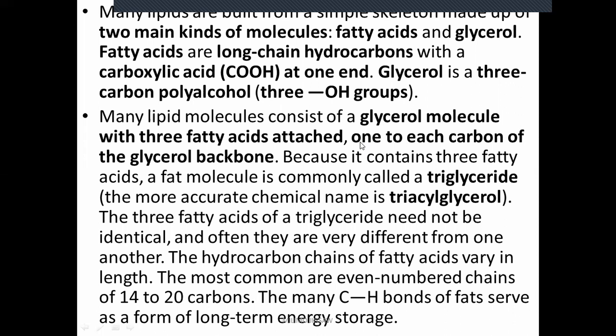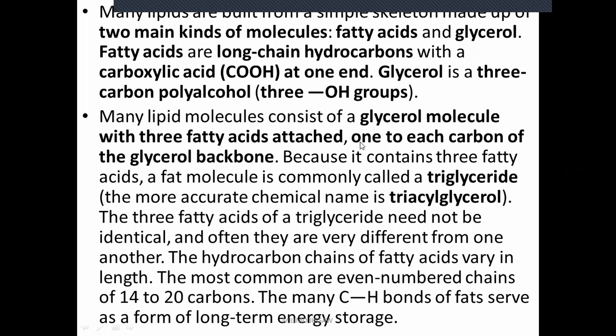Now, when we look at the fat acid, the fat acid will contain a long hydrocarbon chain with a carboxylic acid functional group at one end.